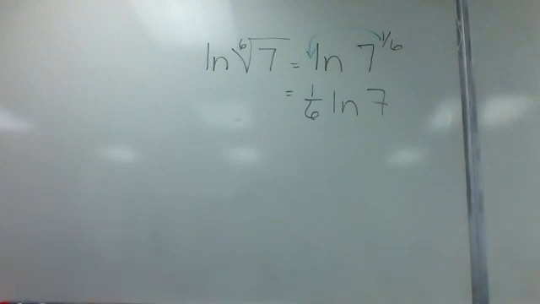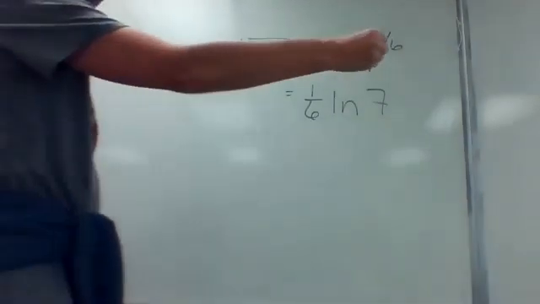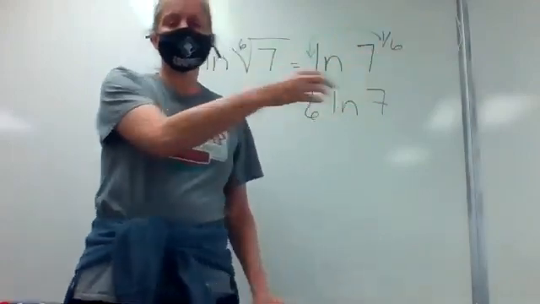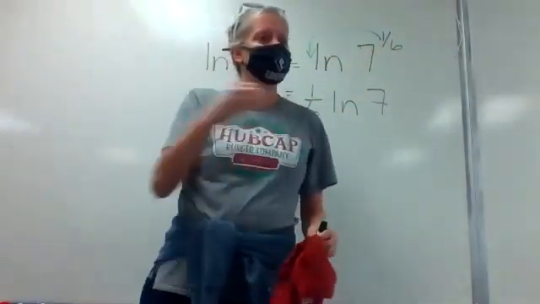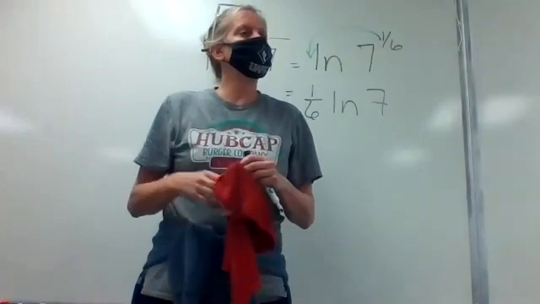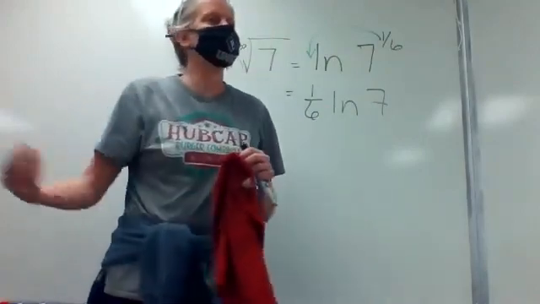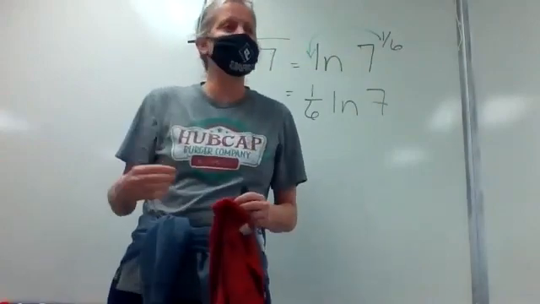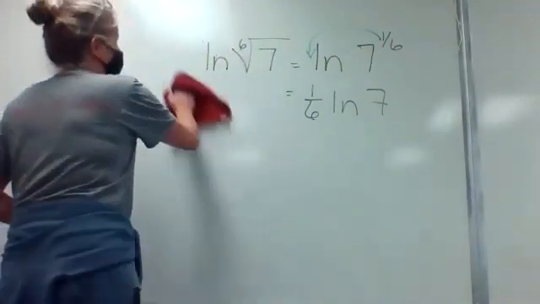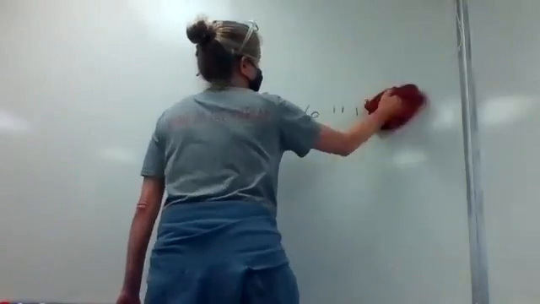All right, the other rule that's on this sheet that we're going to talk about today is the quotient rule. So you can rewrite logs that are multiplication as the sum of those logs. You can rewrite logs that are division as the difference, which means subtracting those logs. So number 5, you have log base t of p over 9.